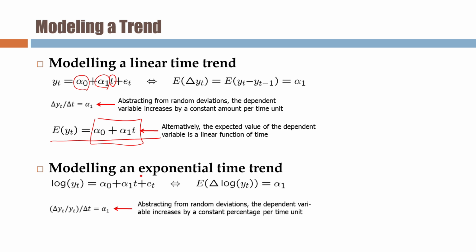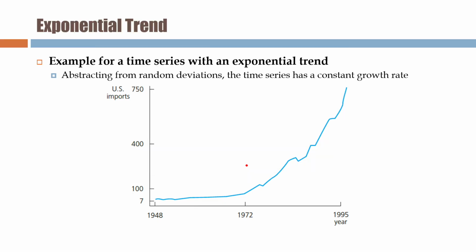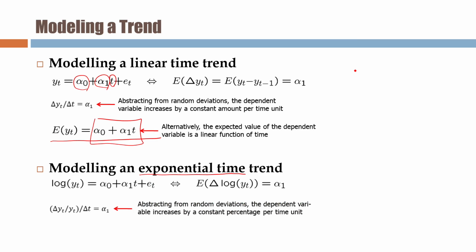What if we have an exponential time trend? Actually this is the exponential time trend. It is moving this way, right? So instead of having an exponential here, you can use a log, or you can write e to the alpha 0 plus alpha 1 t.